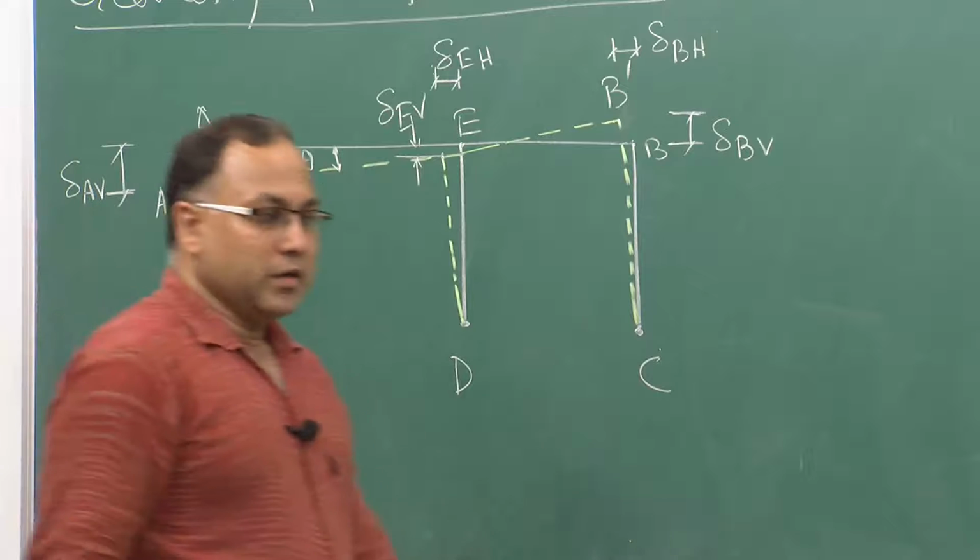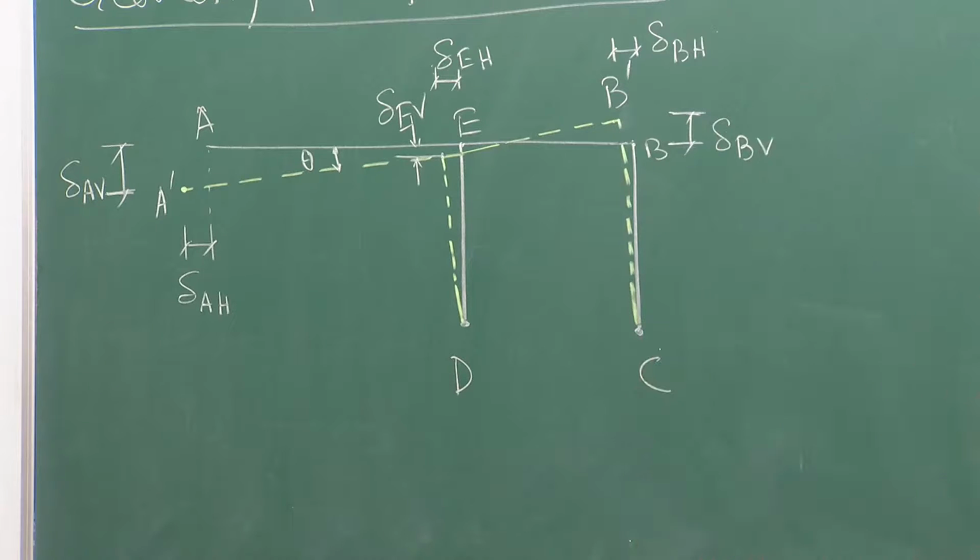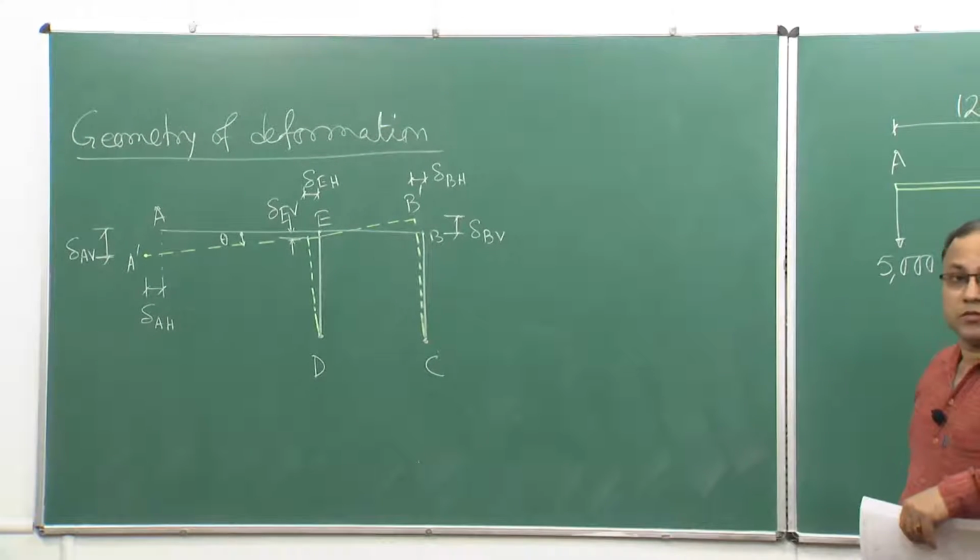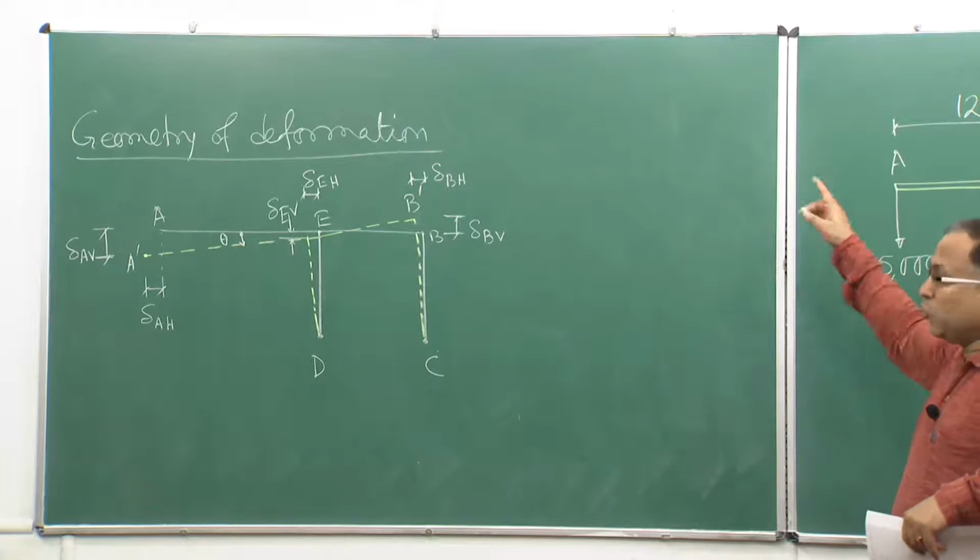Okay. So, the probable deformed shape will be like this, because you are applying some 5000 pound load here, right.